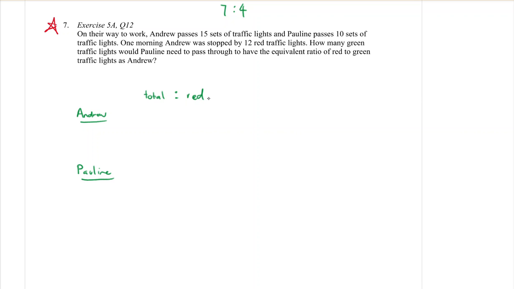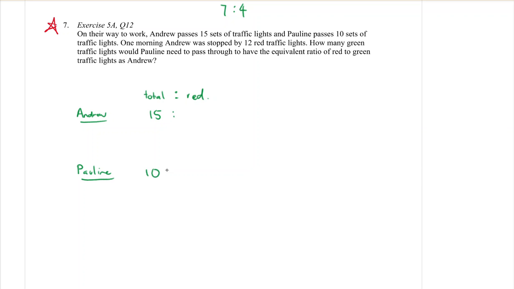So for Andrew, read back through the question again. On their way to work, Andrew passes through 15 sets of traffic lights. That's his total: 15 traffic lights. Then it says Pauline passes through 10 sets, so we can put that down while we're at it.